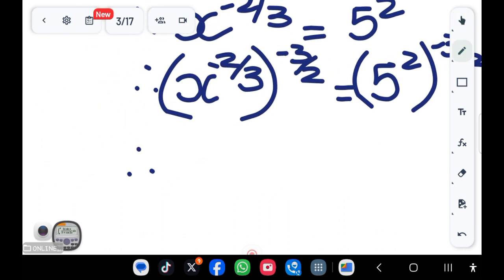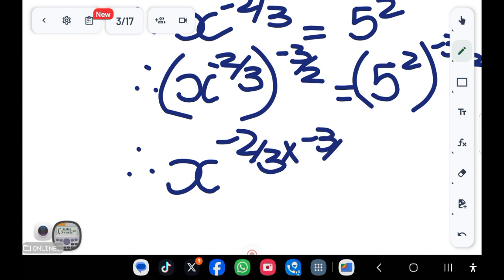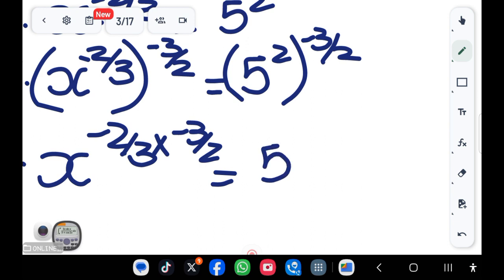Now, when we raise a power to another power, we multiply the exponents. Notice the exponents will now cancel each other out. That is 2 times negative 3 over 2. Let's cancel them out.